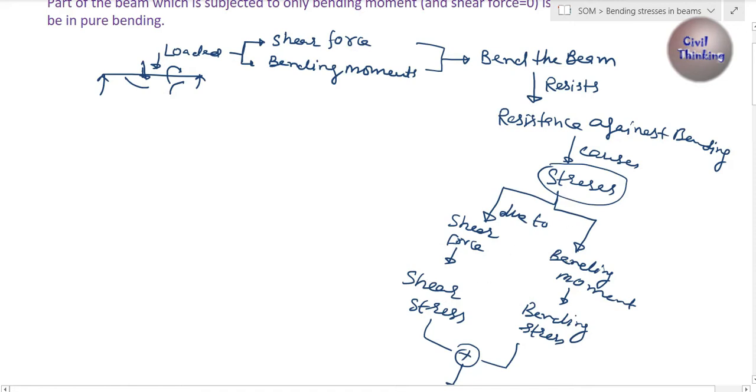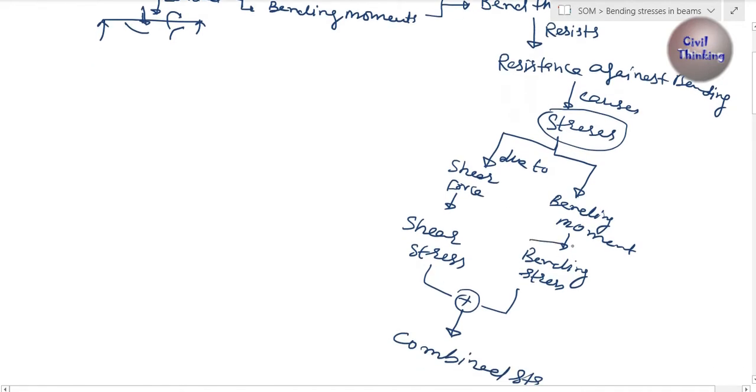Now the stresses can be only due to bending moment, then it's called bending stress, right? This is our motive. Our lecture series will be on bending stresses, okay? And in another lecture series we will talk about shear stresses, but right now we are talking about bending stress in the beams, all right?